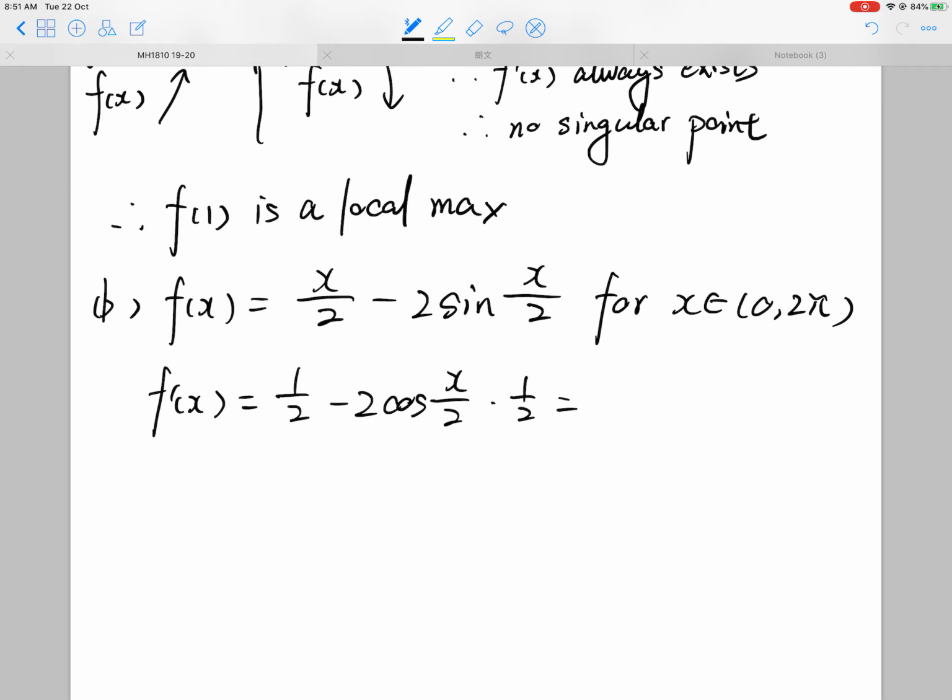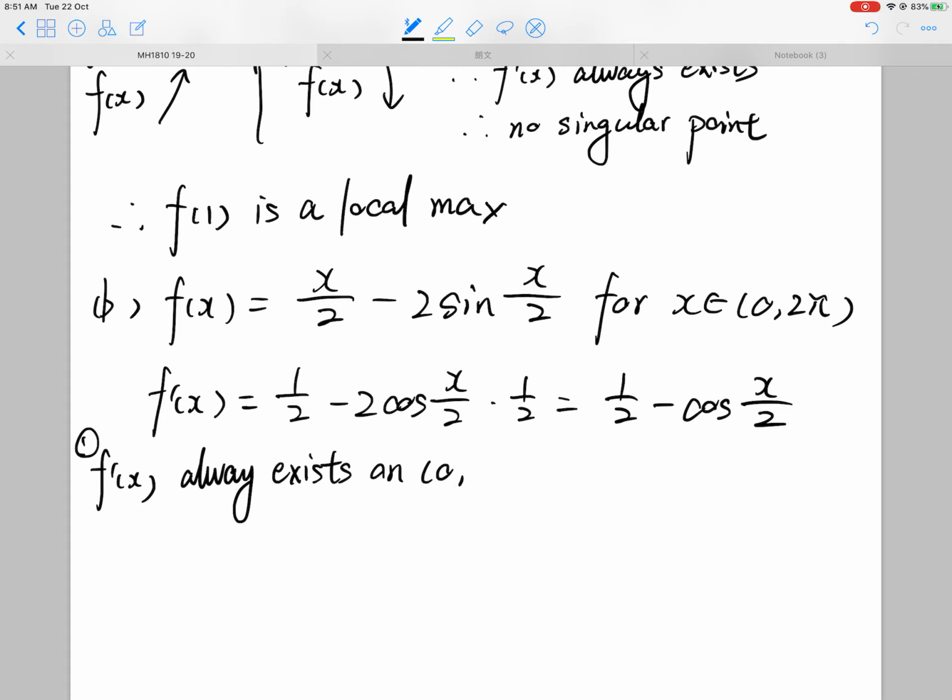So it is half minus cosine x over 2. So first, this is a continuous function. It always exists, right? So f prime x always exists on the interval 0 to 2 pi, which means there's no singular point.